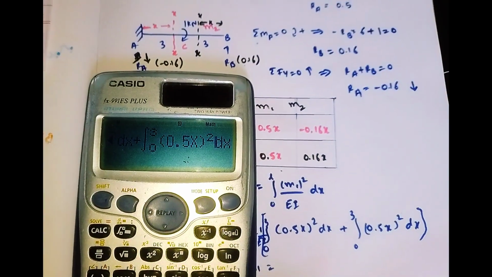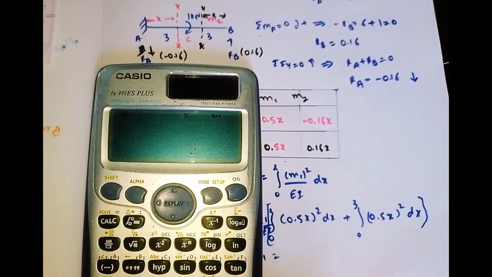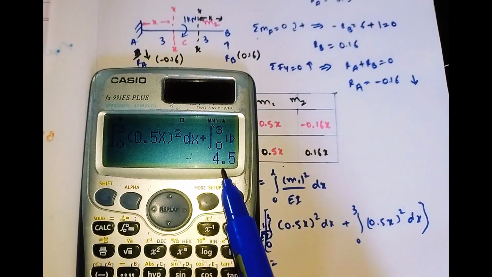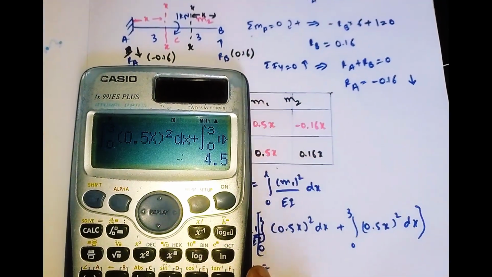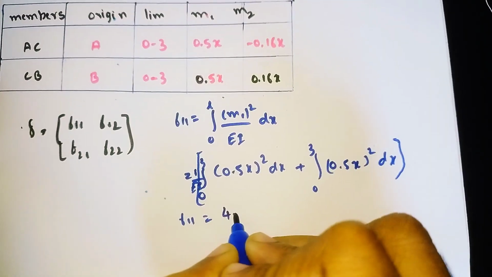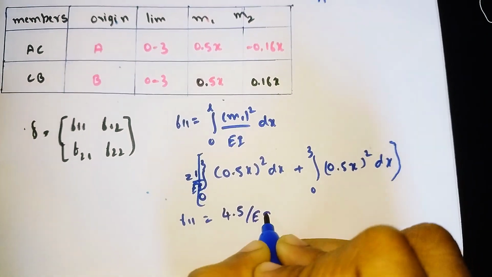So now solve it. Our F11 will come out as 4.5. Write it here: F11 is equal to 4.5 divided by EI.